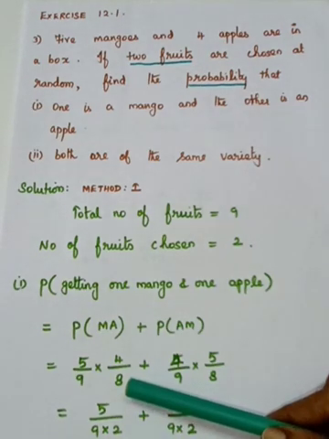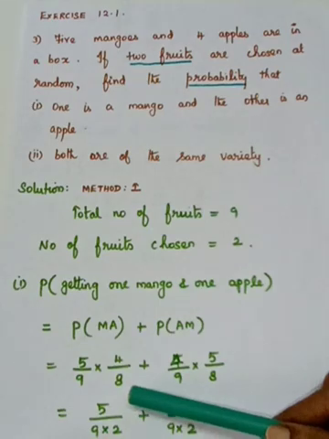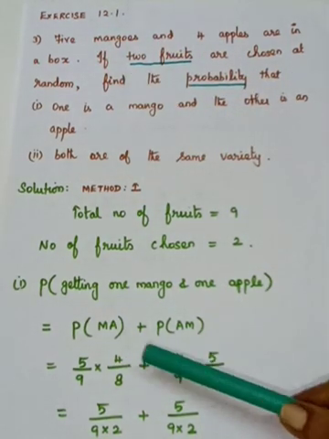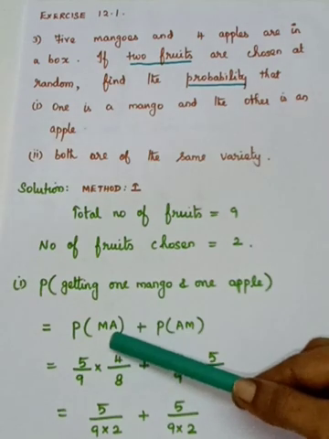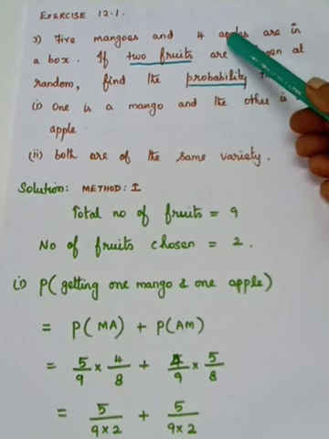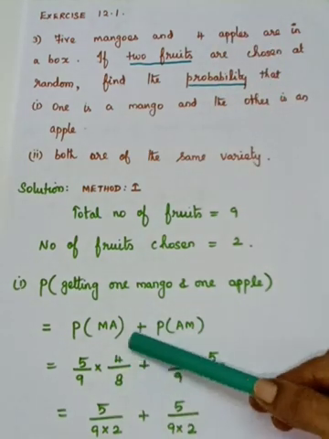So, 1 mango is taken from 9 fruits means how much will remain? Now you are having only 8 fruits. So, this 8 fruits, how it should be? 4 mango and 4 apple. Now, the second fruit, what you have written here, it's an apple. So, therefore, from 4 apples, you have to take 1. So, therefore, the probability is 4 by 8.